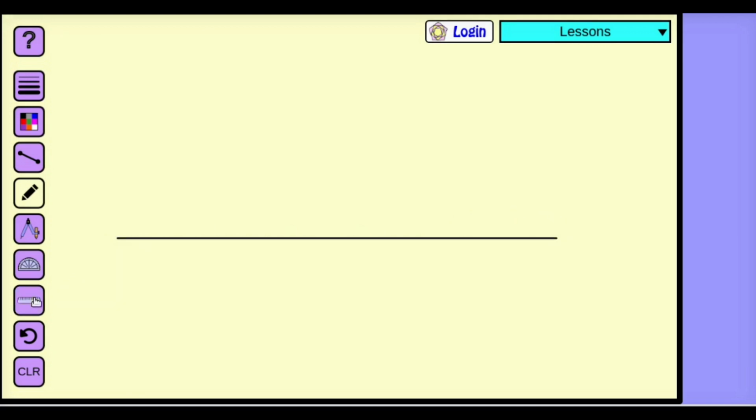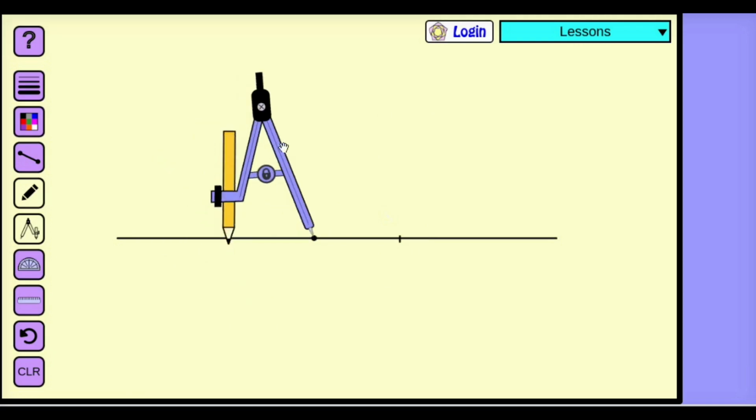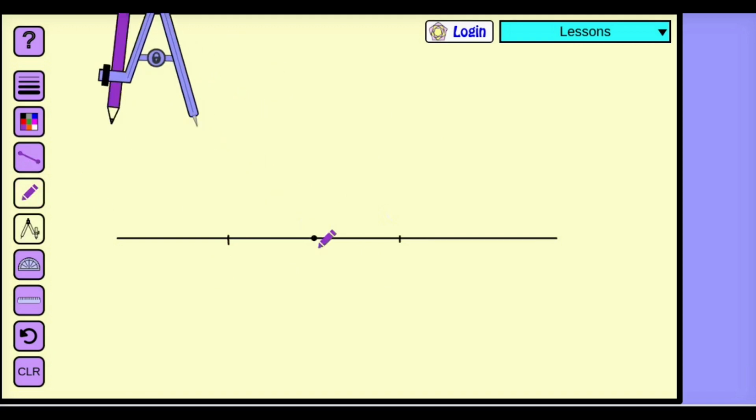Draw a line, take a compass, and mark 1 unit right and 1 unit left. From 0, the right unit you take as positive 1, the left unit you take as negative 1. This is positive 1, this is negative 1.